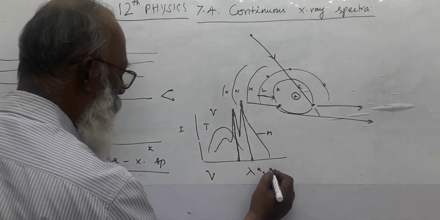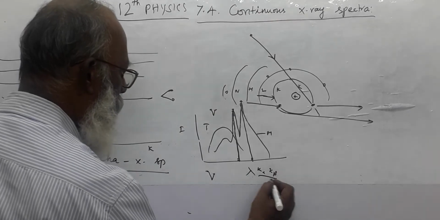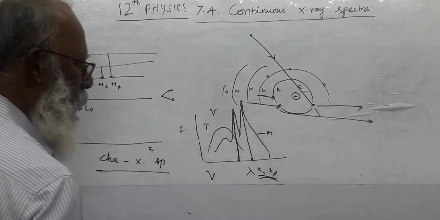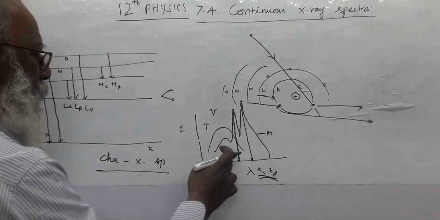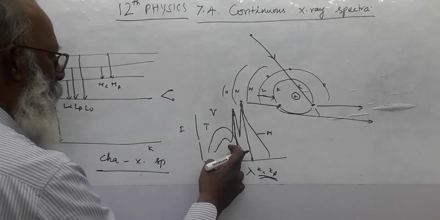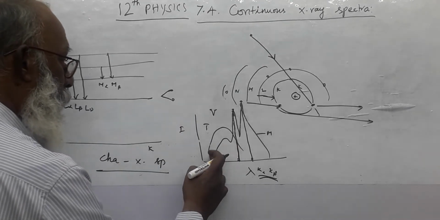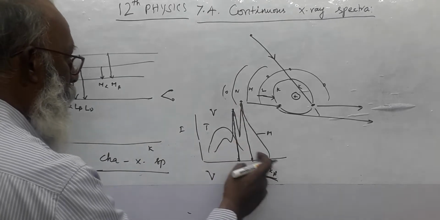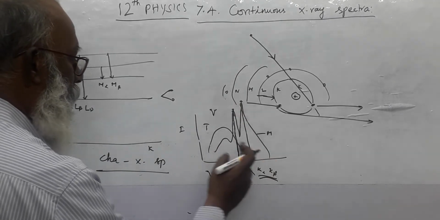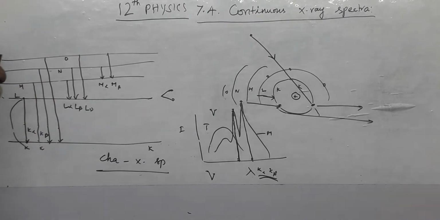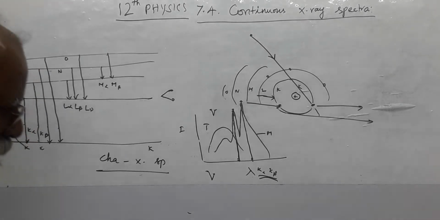That's K alpha and K beta, and two spectral lines are explained. That's why, even though we are getting a continuous spectrum, here we are getting line spectra. This is a very clear understanding of how line spectra are obtained. That's very important. This is a very, very important 5 mark question.